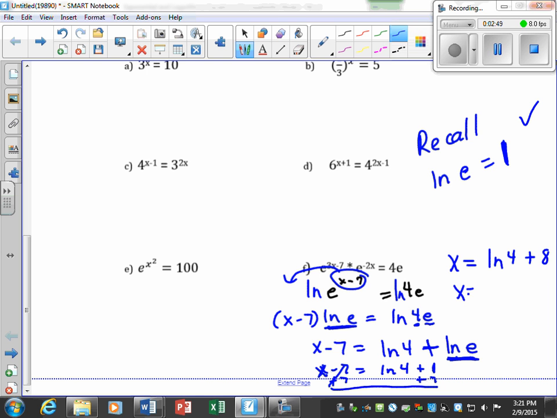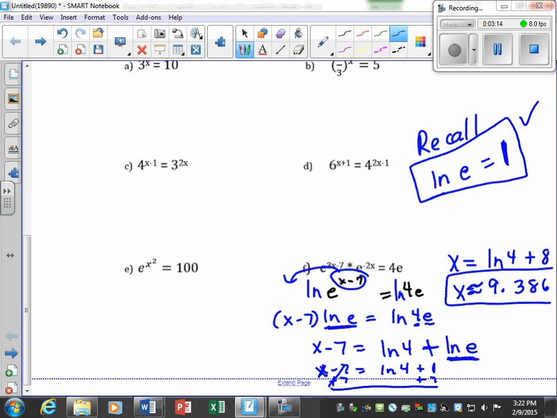Your approximate value when you put that in the calculator is 9.386. So this required you to use a couple of properties from before, when we rewrite multiplication using addition, and then natural log of e is equal to 1. Okay.